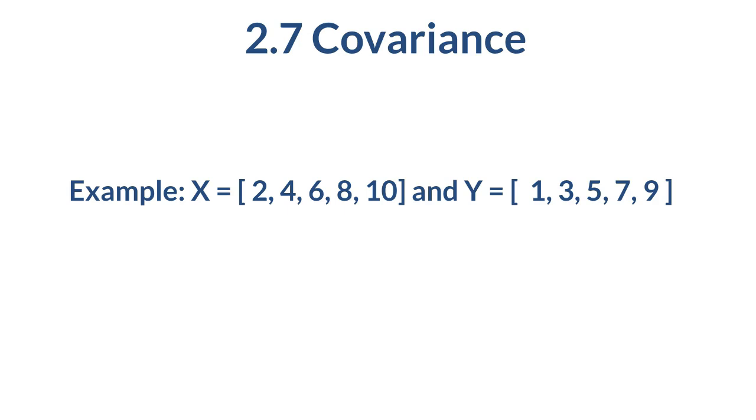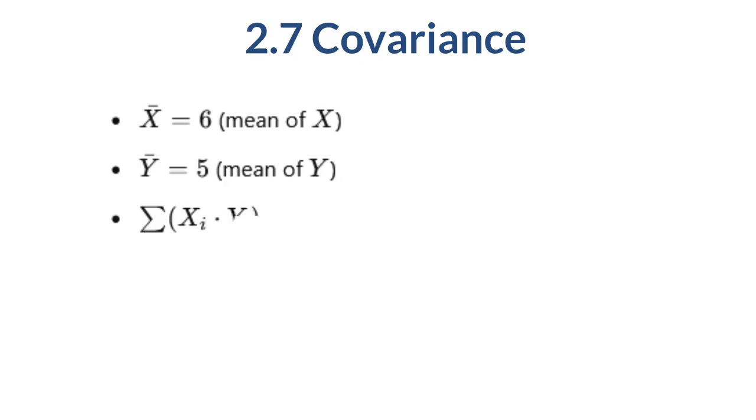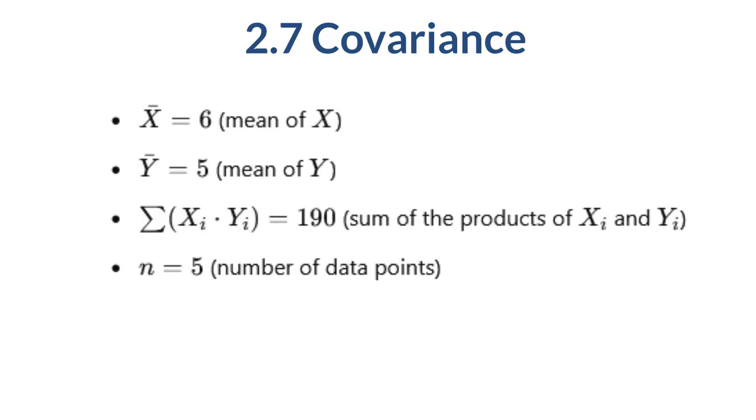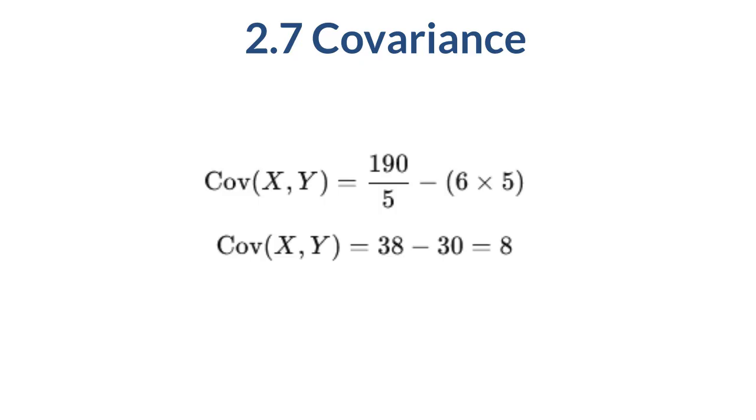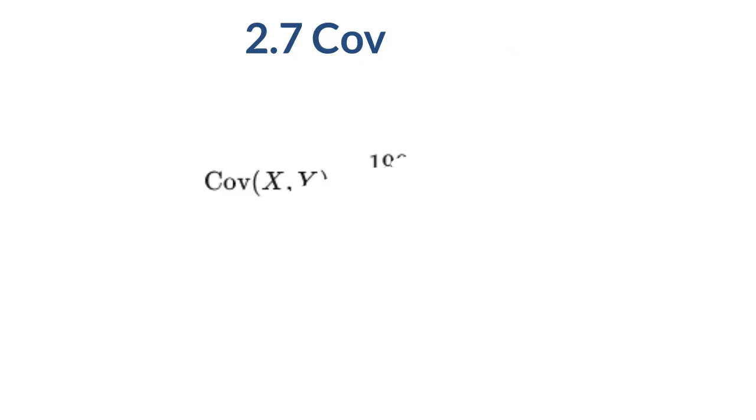Press second then stat to go to the statistics menu. 4. Press the down arrow to get the values for x bar 6, y bar 5, sum of products of x sub i and y sub i, 190, and n 5. 5. Substitute these values into the simplified formula. COV of x and y equals 190 divided by 5 minus 6 times 5, equals 38 minus 30, equals 8.